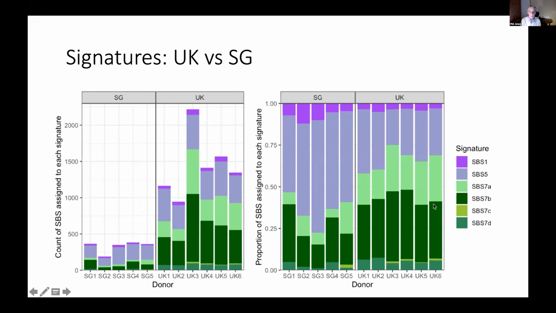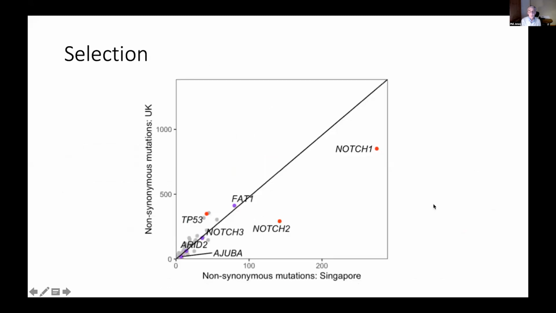So that was a real surprise. Selection, again, let's plot non-synonymous mutations UK versus Singapore. And again, if everything's equal, everyone should lie on the line, but P53 is enriched, possibly selected in the UK, Notch1 and Notch2 in Singapore.